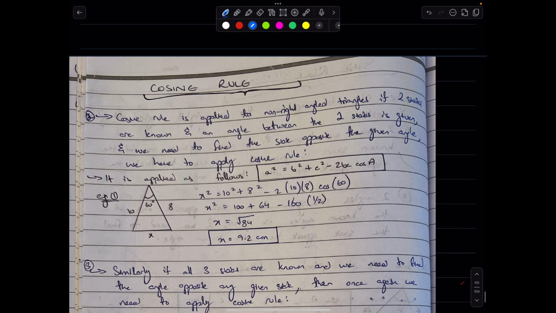Moving on, we have the cosine rule for non-right angle triangles. It's applied when two sides are known and the angle between the two sides is known, and we need to find the third side that is opposite the given angle.